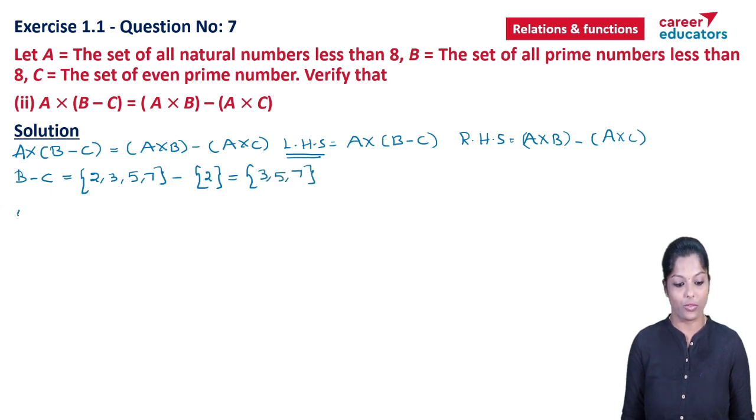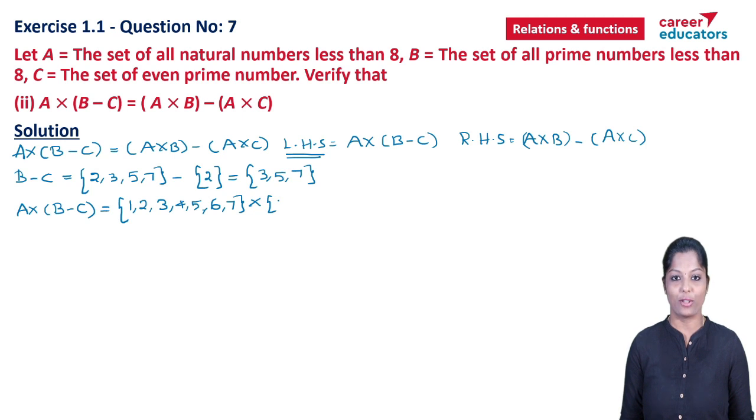Next, we have to find A cross (B minus C). Write all the elements of A: 1, 2, 3, 4, 5, 6, 7, cross, write all the elements of B minus C: 3, 5, 7.